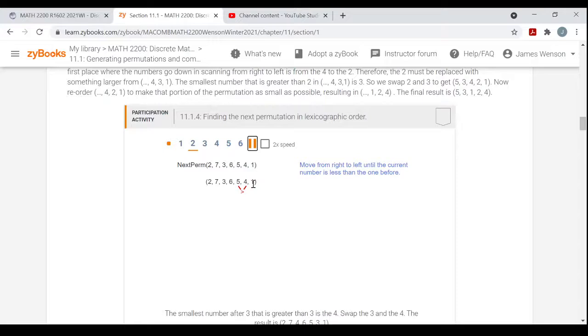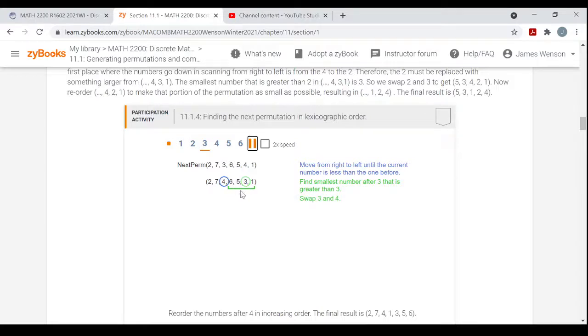So 4 is greater than 1, 5 is greater than 4, 6 is greater than 5, but here 3 is less than 6. So that digit that's smaller, now find the smaller number after 3 to the right that's greater than 3, which would be 4.